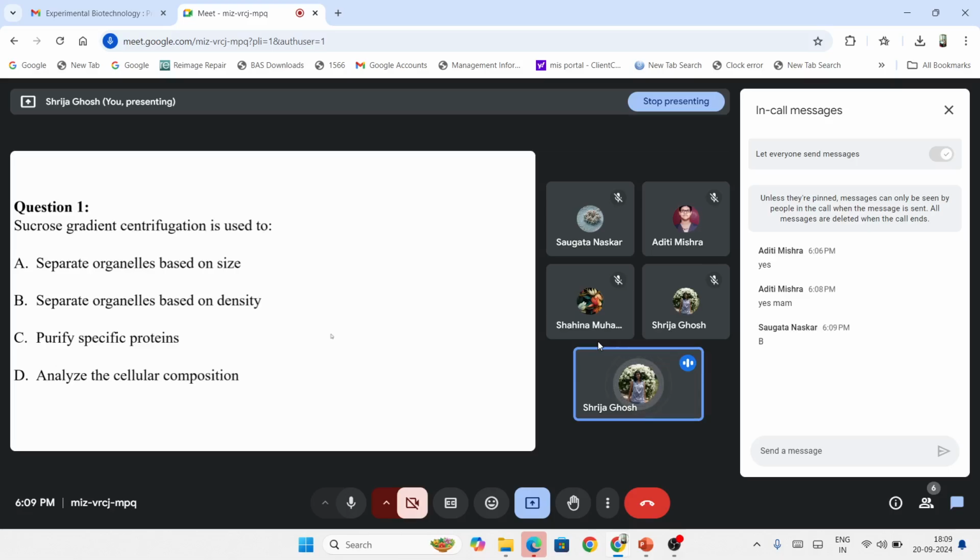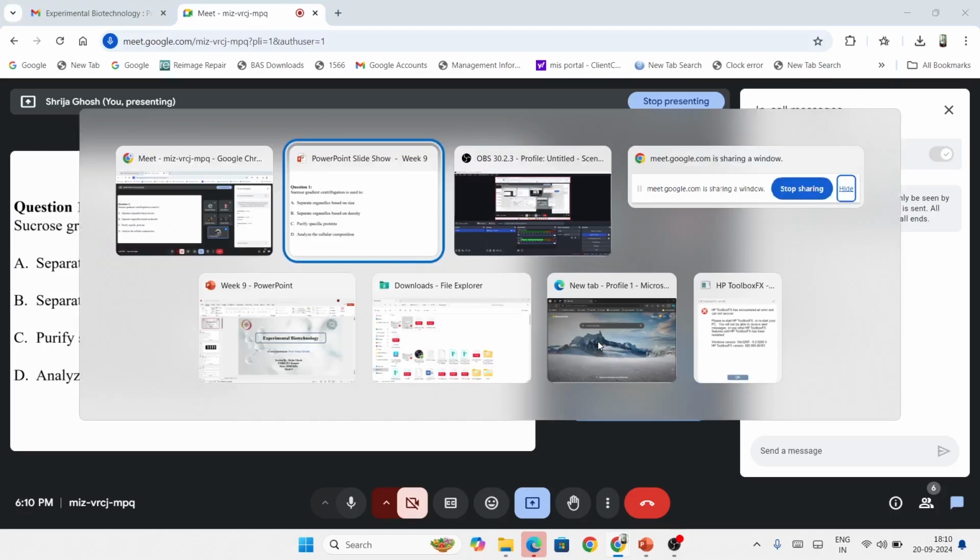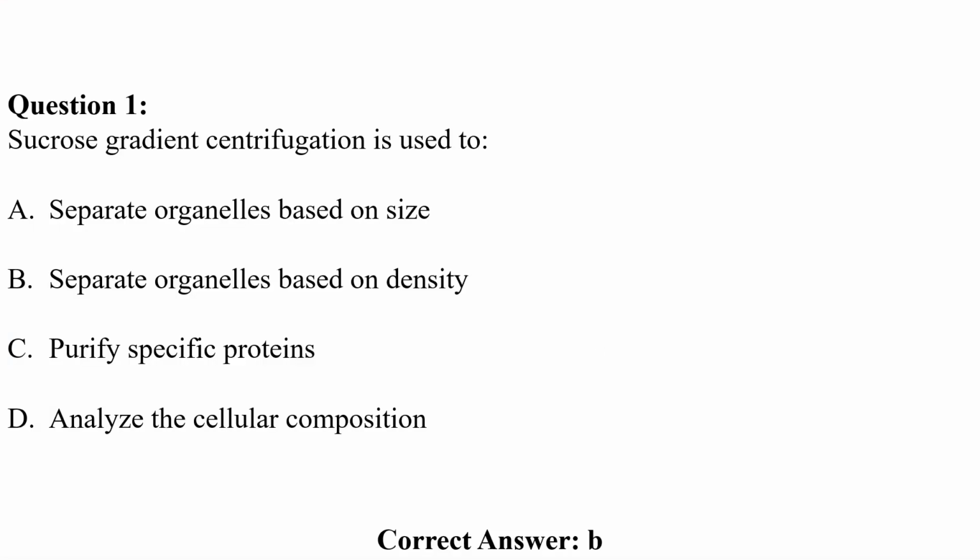Okay, we have one answer, separate organelles based on density. Okay, anyone else want to answer? Okay, so option B is the right answer.